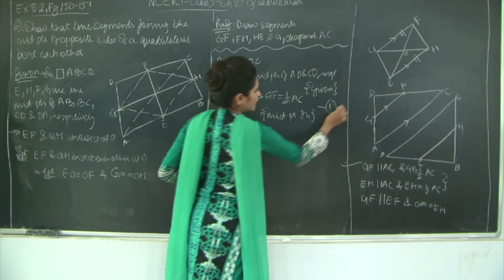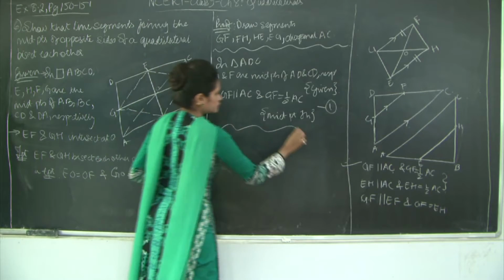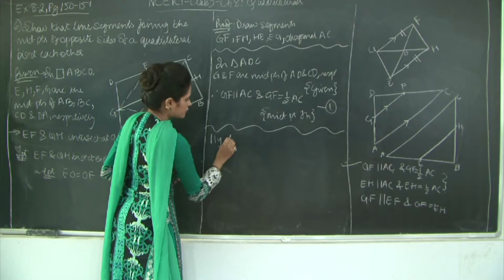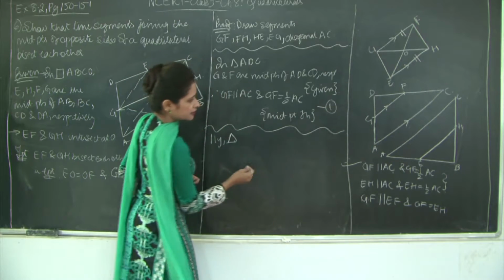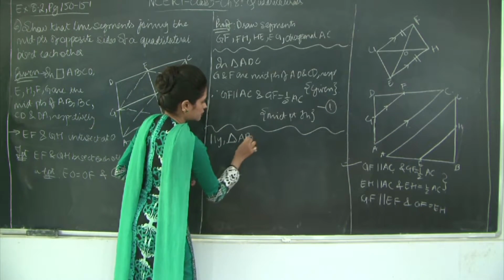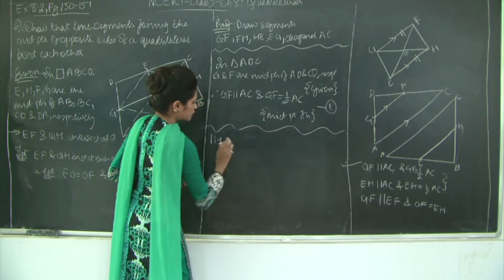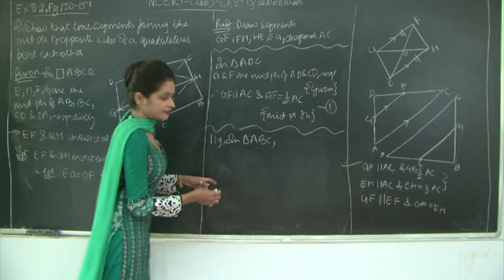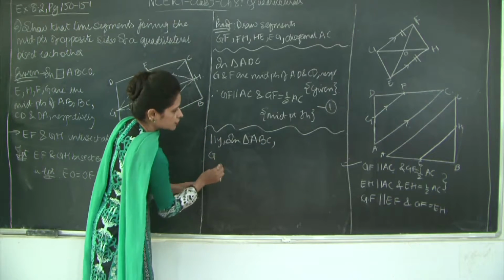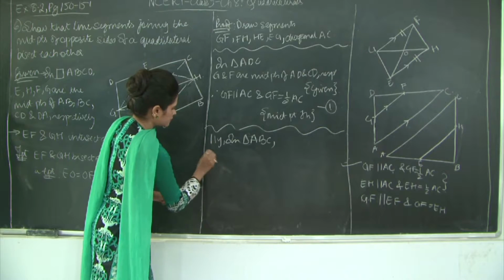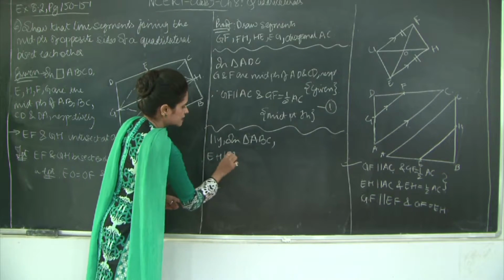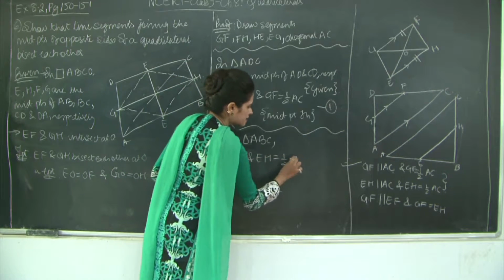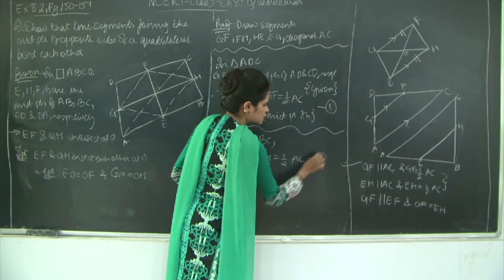Let's mark this as 1. Similarly, for my triangle ABC, EH is parallel to AC and EH is equal to half of AC. Let's mark this as 2.